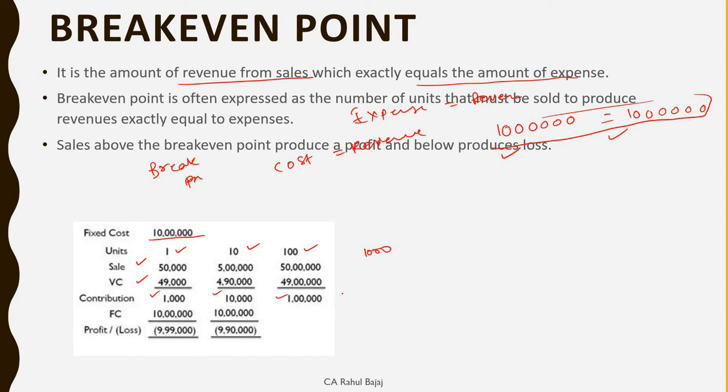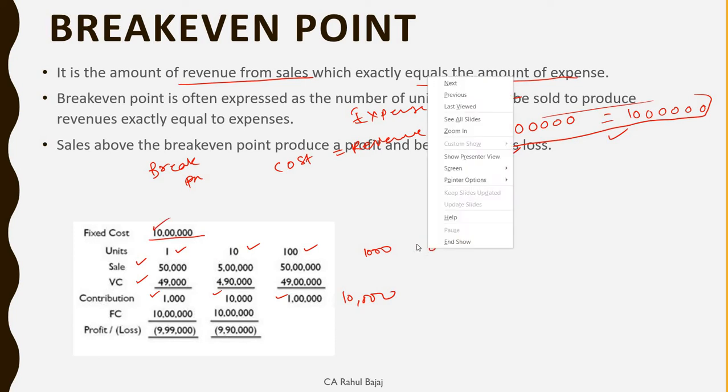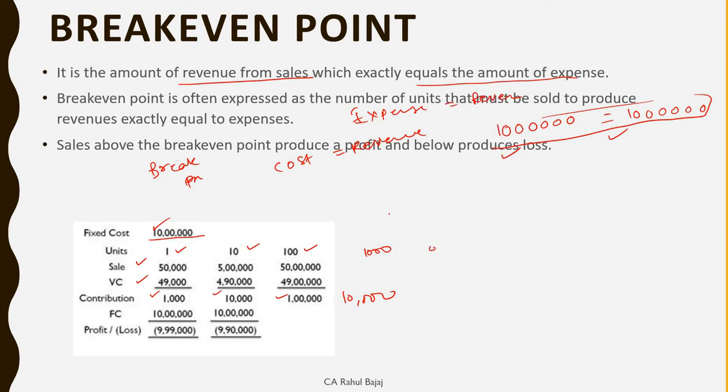So I have to sell 1,000 units to reach 10 lakh rupees, so that my fixed cost will be covered. Anything sold above 1,000 units will generate profit for the organization. So break even point is 1,000 units.